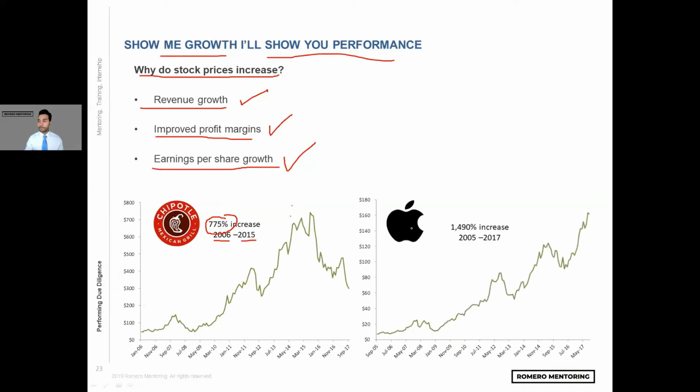What was another one? Apple, up 1,400% from 2005 to 2017. Let's examine this. What was the product? Well, when they first came out, this is back in 2005. I mean, it's actually a long time ago for myself.